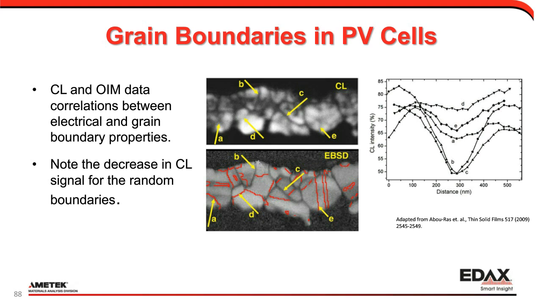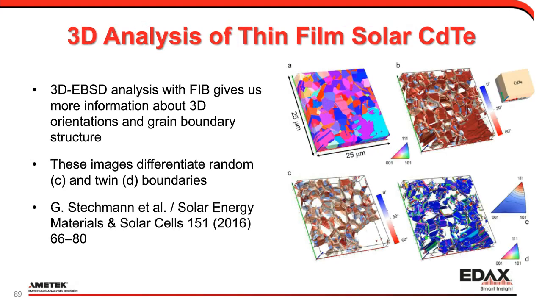And so this now ties into some recent work done over in MPI. They're doing 3D analysis with a FIB to get 3D orientation and grain boundary structure. Of course, 3D is also a type of correlation where we're correlating one slice to the other. But what's kind of cool about this is, on the top left, image A is an orientation map in 3D. Image B is a grain boundary map.